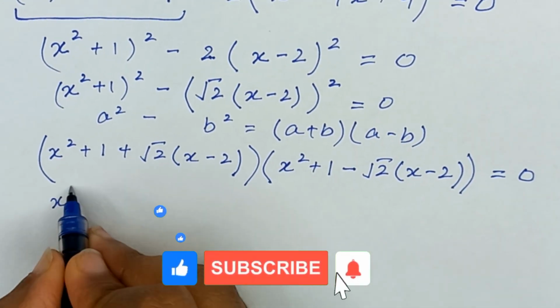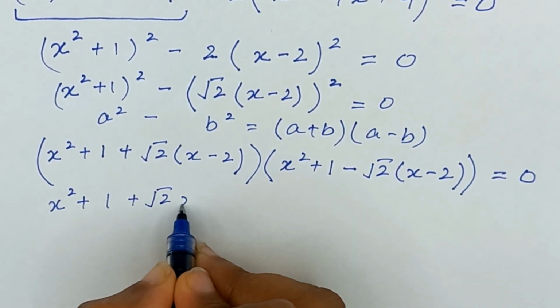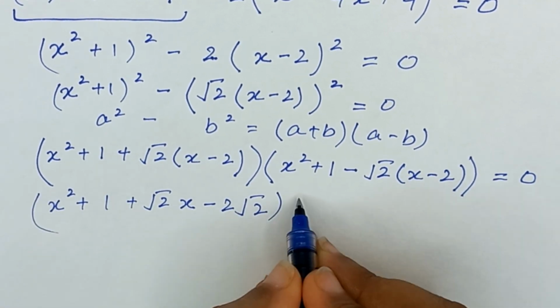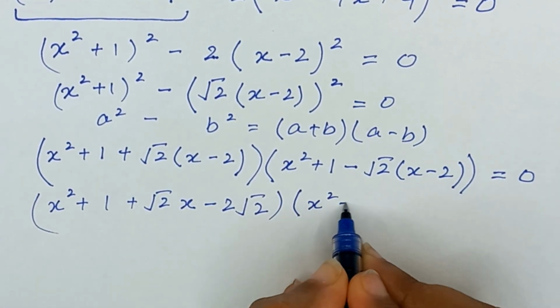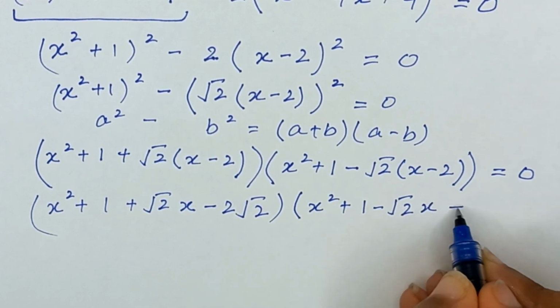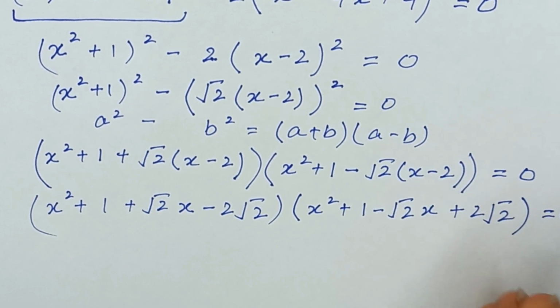Now it can also be written as x square plus 1 plus square root of 2 times x minus 2 times square root of 2, and it will be x square plus 1 minus square root of 2 times x plus 2 square root of 2. And it will be equal to 0.